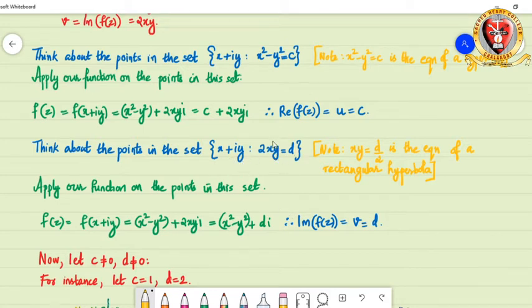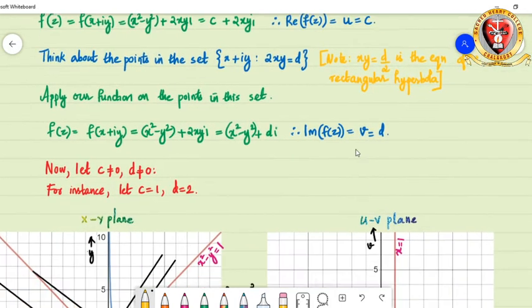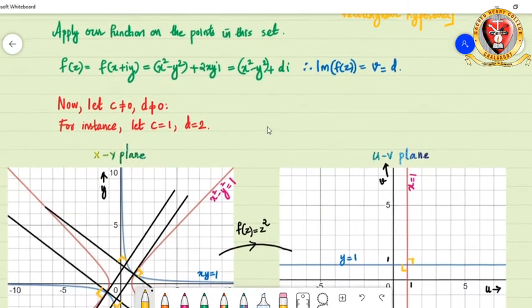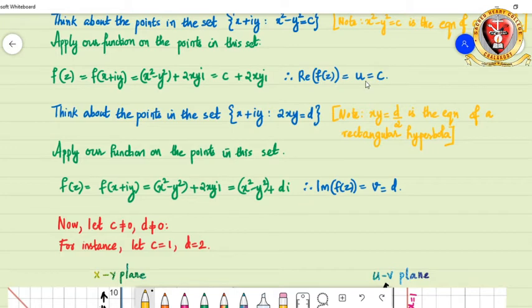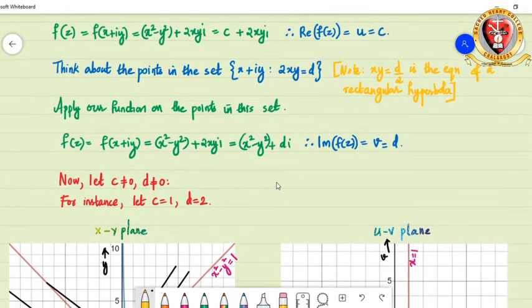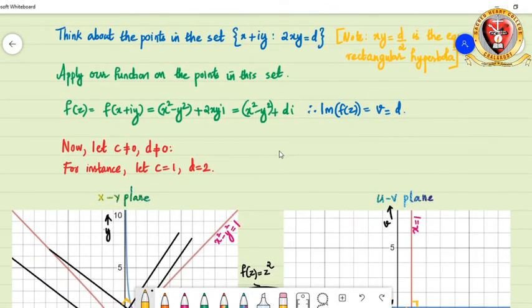So I am going to plot these two sets in one plane, the xy plane. And before that, I am assuming that the c and d sitting here are not equal to 0. And for instance, for clarity of our inference, I am going to take c to be equal to 1 and d to be equal to 2.